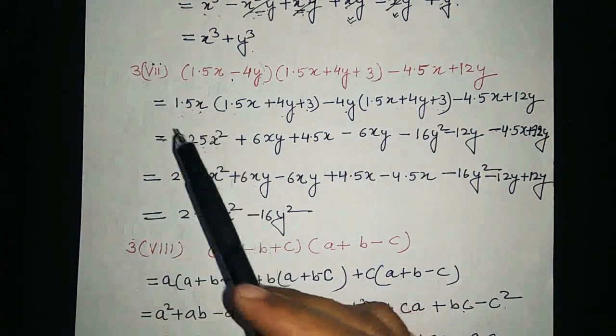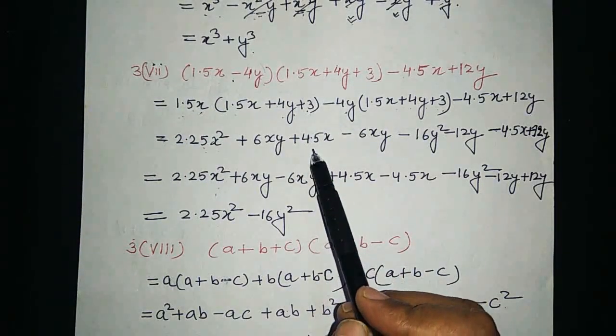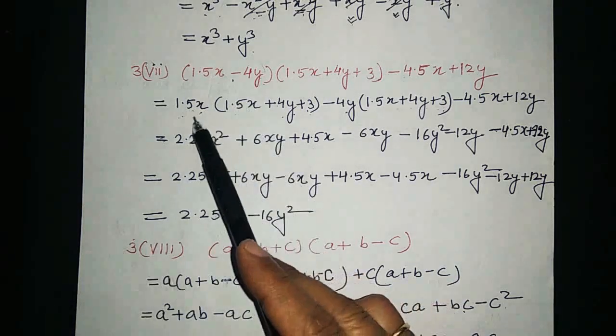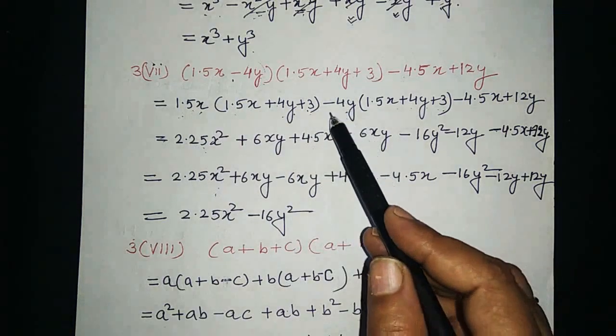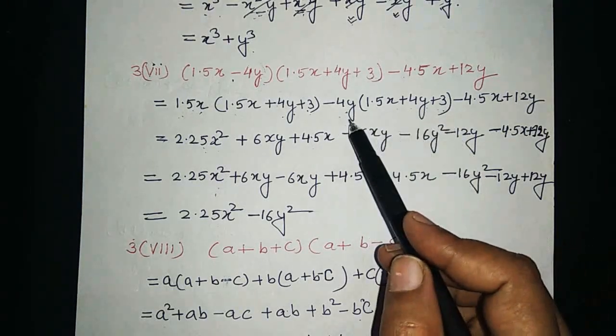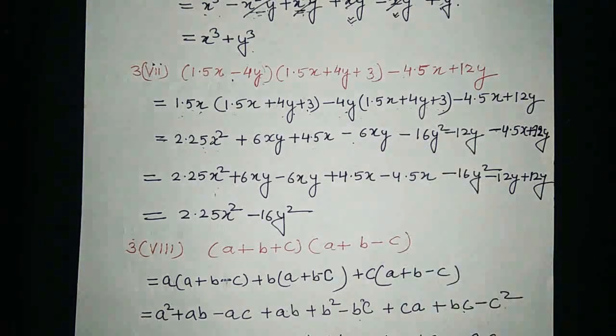Now 1.5 into 3, 4.5, and here you will write x. Now here we have completed the multiplication. We will put this minus sign and we will start multiplication of 4y and 1.5x plus 4y plus 3.